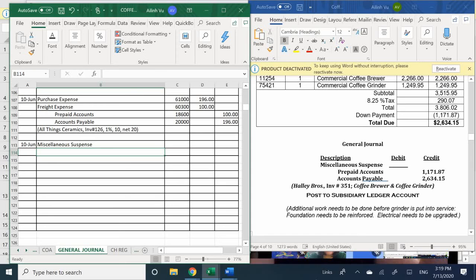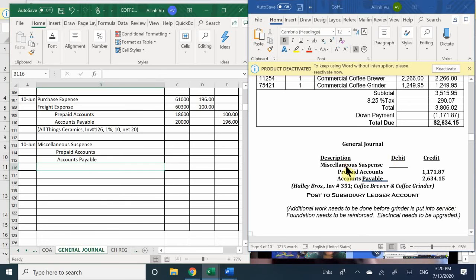Yes, you're using it as just a holding account. Okay. And I need to add in or subtract out my prepaid amount to the bill. And because I received a bill, I'm going to indicate this right here.